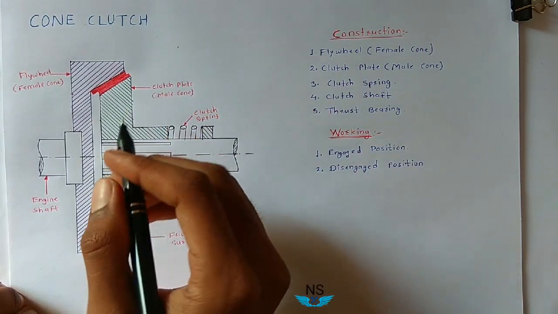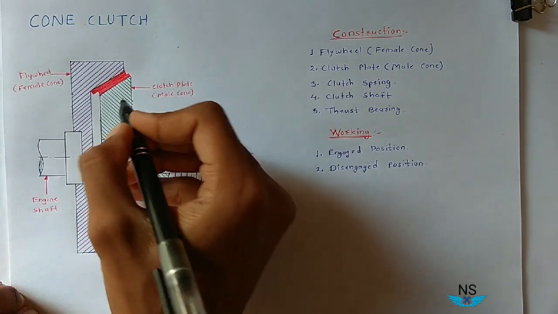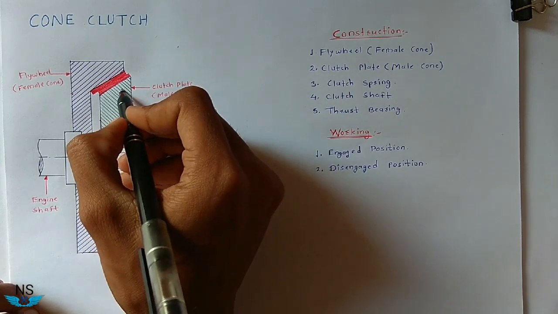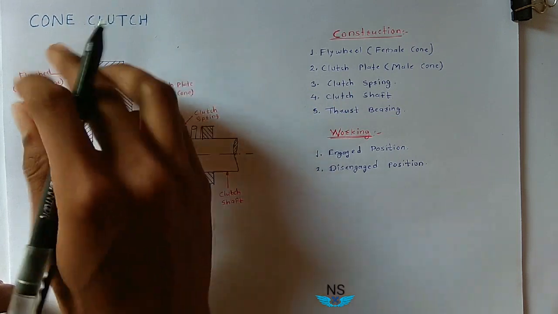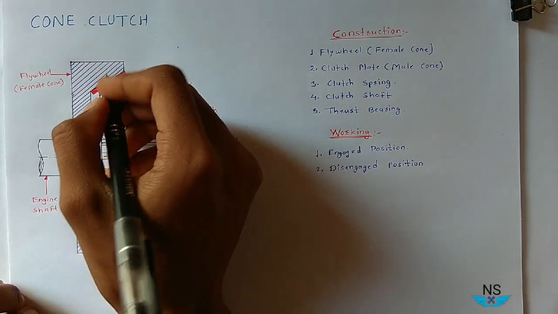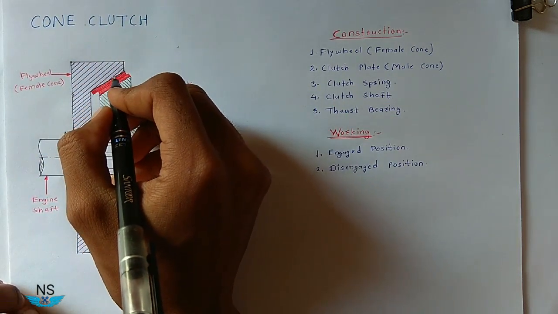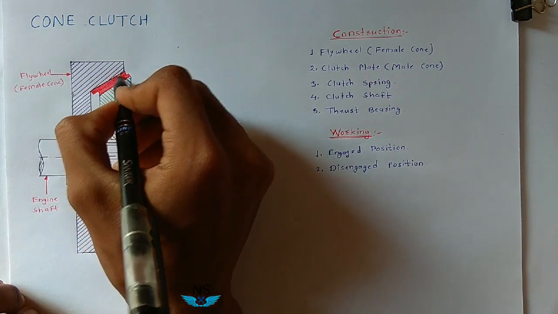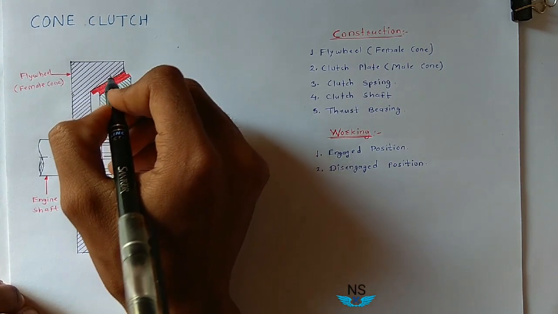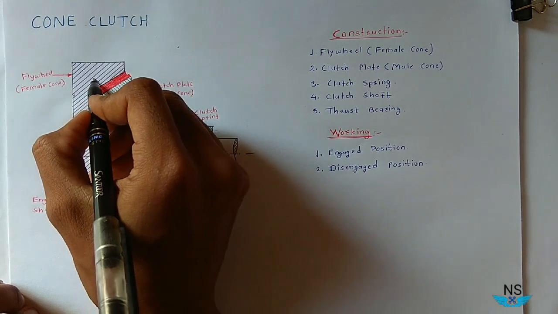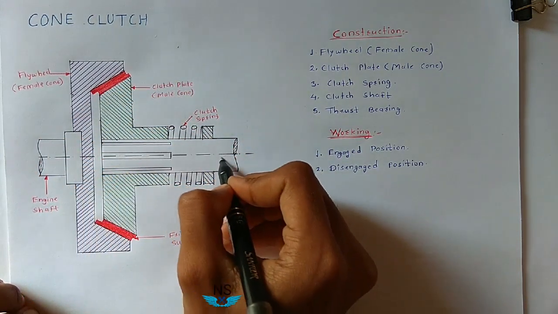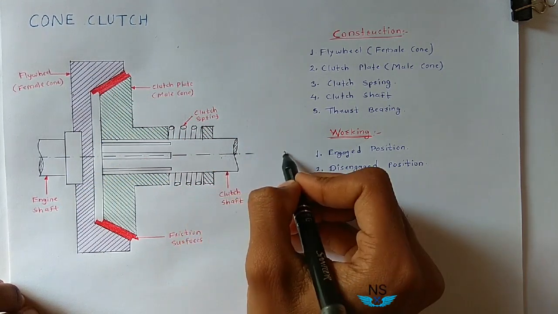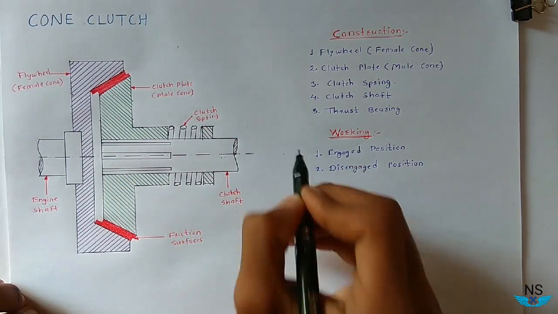So in engaged position, what happens, this clutch plate is fully pushed inside this flywheel or female cone. So due to friction between female cone and male cone, the power is transmitted from flywheel to clutch plate and from clutch plate to clutch shaft and from clutch shaft to gearbox shaft.